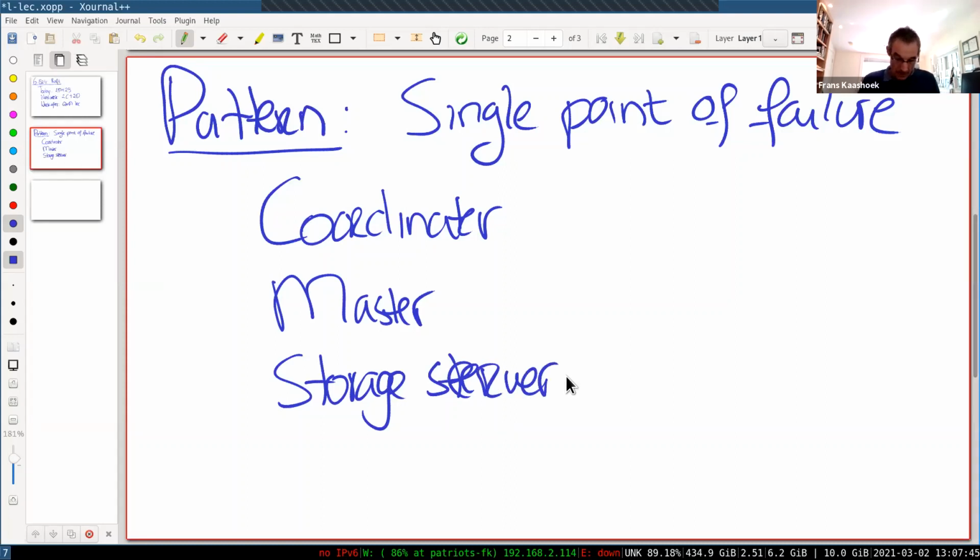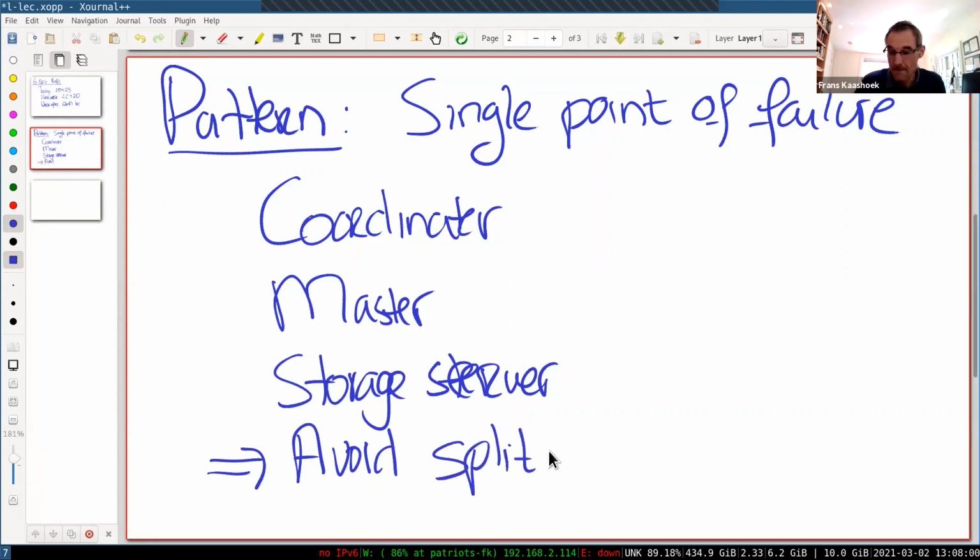And as we discussed in the previous lecture, the reason that there are single machines instead of replicated machines is to avoid the split brain syndrome. For many systems, that is sort of a bummer, correct?